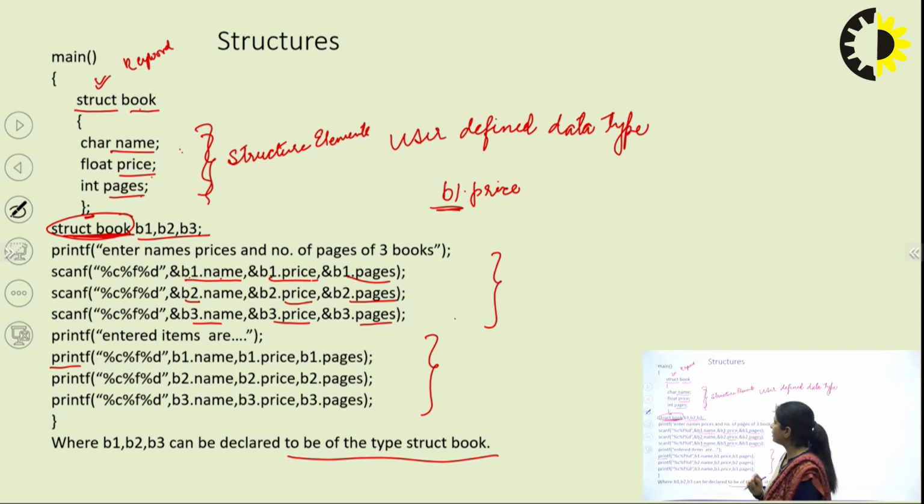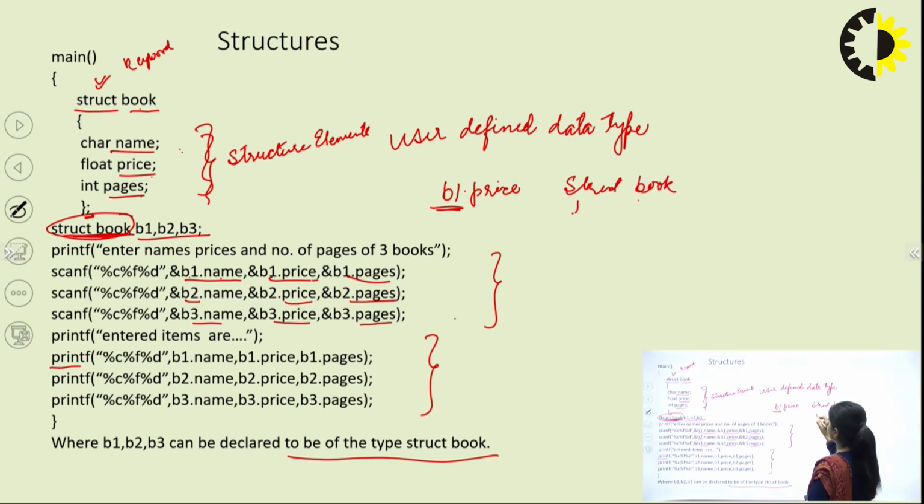What is another method? We can also do like this, say struct book, character name, float price, integer pages, there is a semicolon, yes.